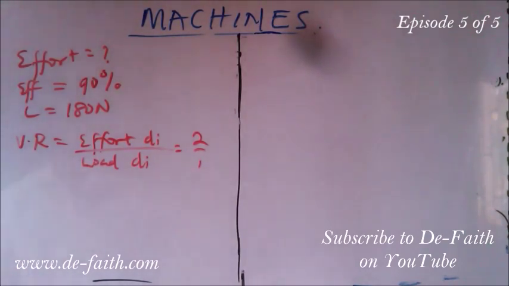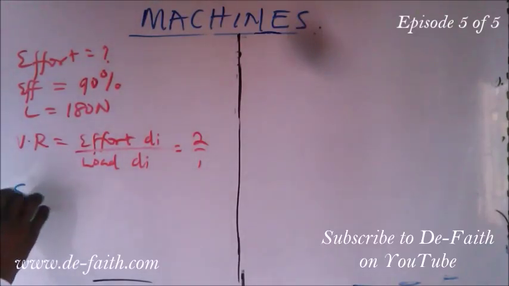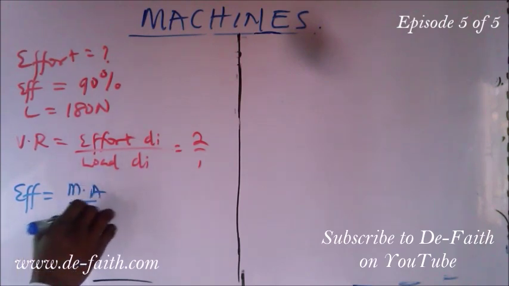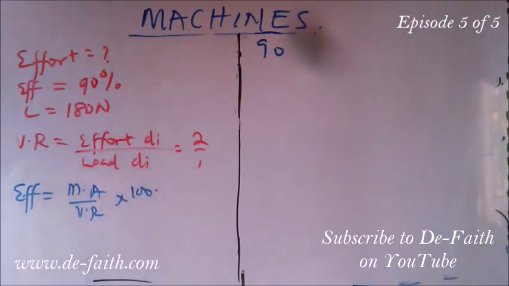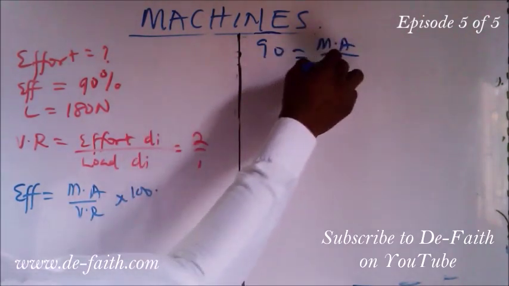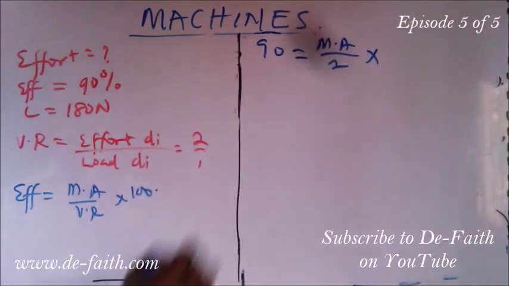So from here, to get our effort, we first calculate the mechanical advantage. We know that the efficiency equals mechanical advantage over velocity ratio times 100. Efficiency is 90%, mechanical advantage is unknown, and velocity ratio is 2, multiplied by 100.